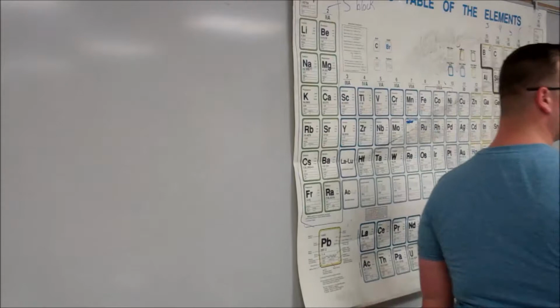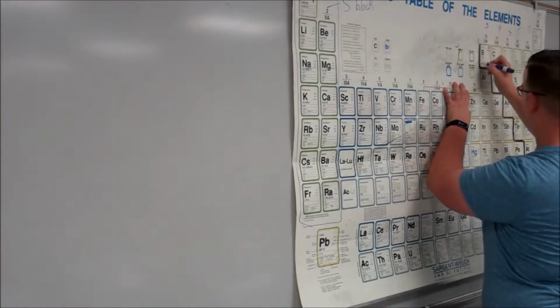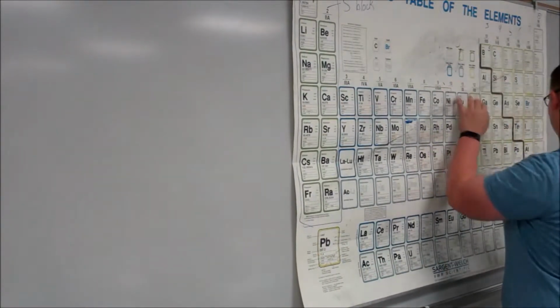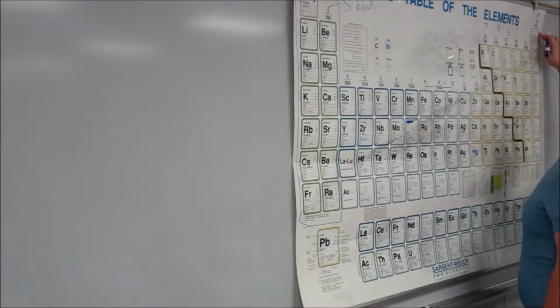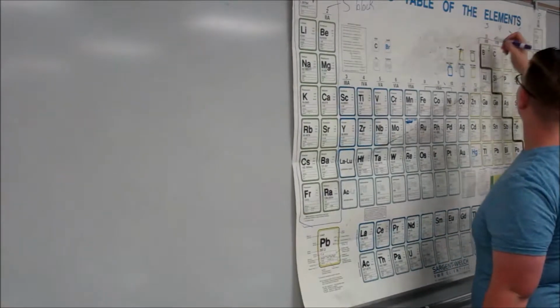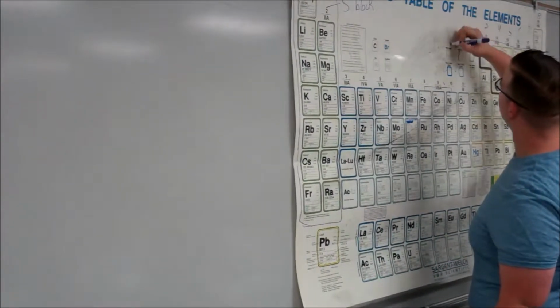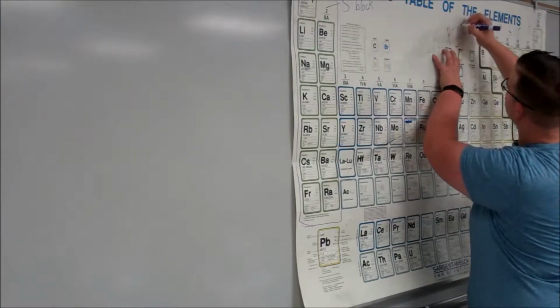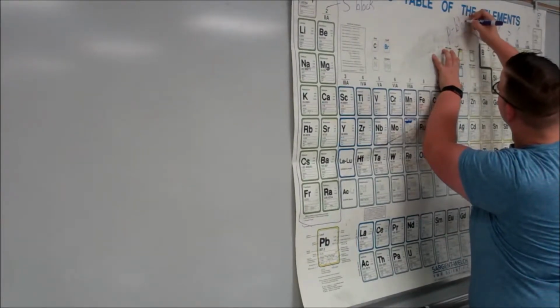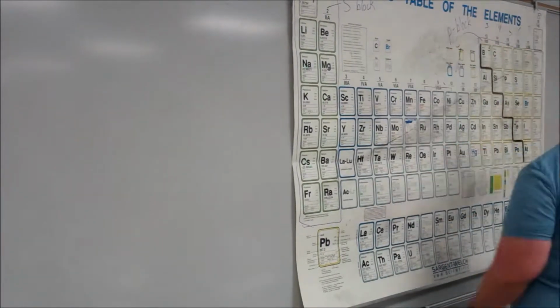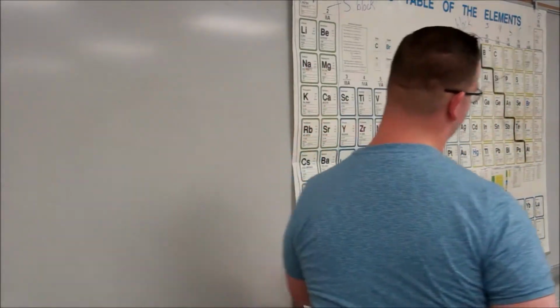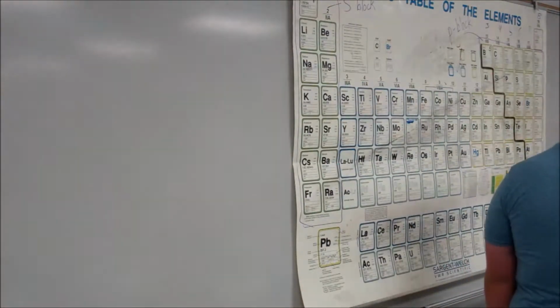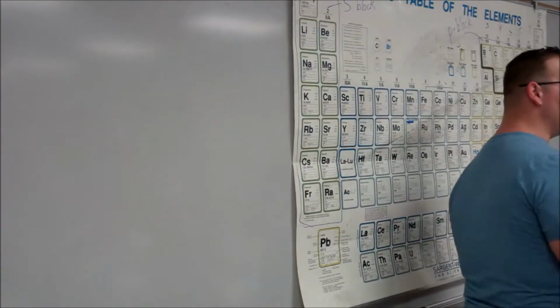Columns 13 through 18 make up the P block.